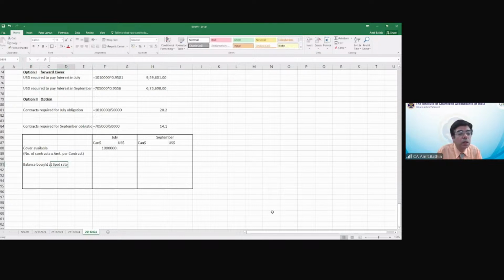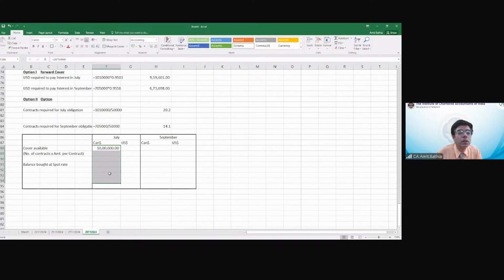You need a total of 10 lakh and 10,000, am I right? So I have got the cover of 10 lakh. So I get 10,000 which I will have to buy at spot rate.